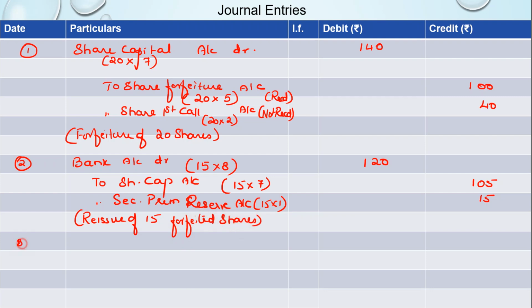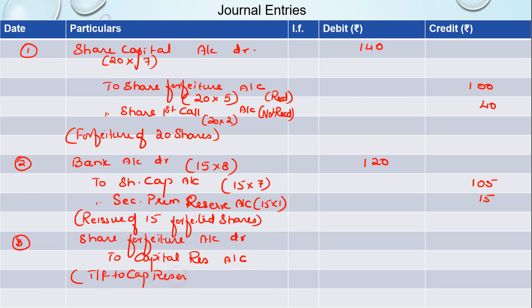And finally, the third entry would be share forfeiture account debit to capital reserve account. This is for transfer to capital reserve. Now, what would be the amount? I told you that formula.